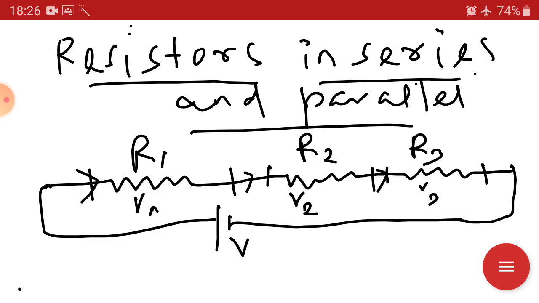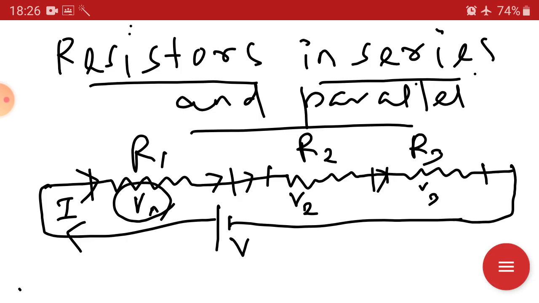Now, how much will the potential difference V1 be? Suppose the current I is flowing in the circuit, then I into R1 will be the potential drop across R1. And remember, if there is no branching, the same current I will flow everywhere.